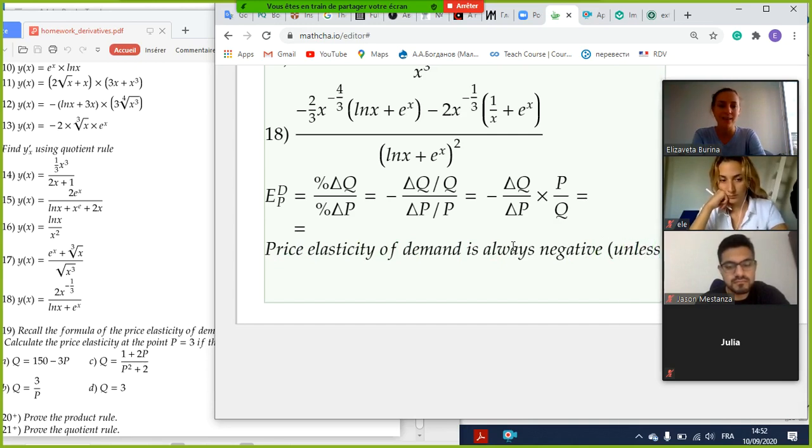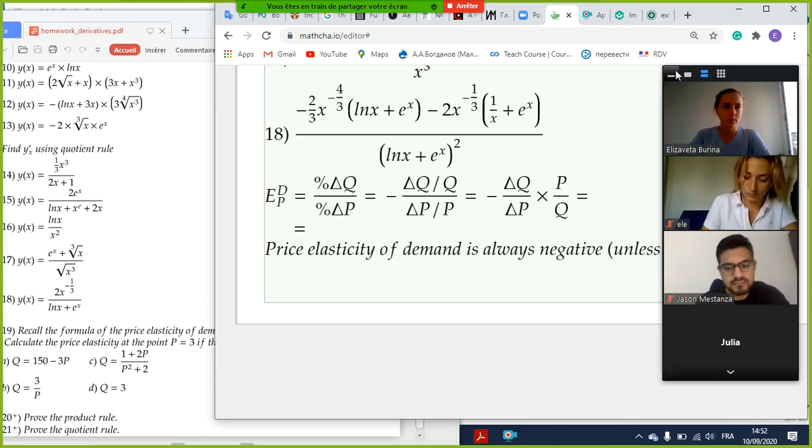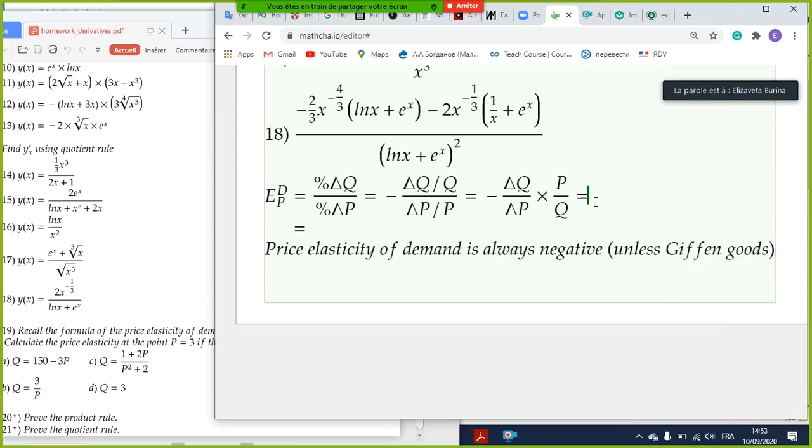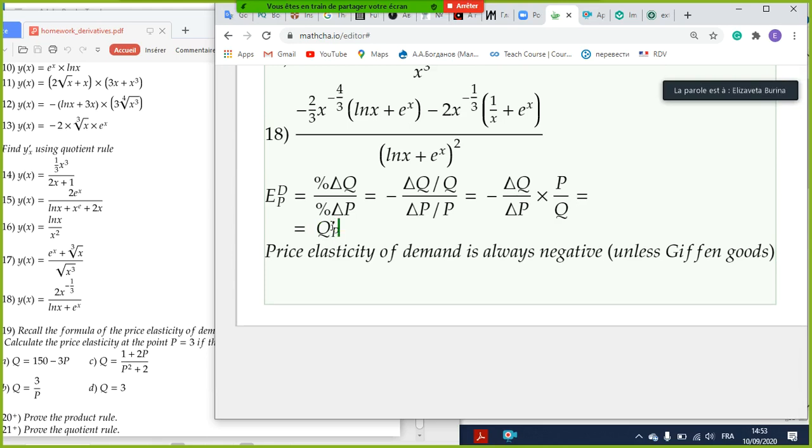Well, I'm gonna write unless we have given goods, but we don't right now. Perfect. So this will be the derivative of Q with respect to P. So it is not the other way around. It is a derivative of quantity with respect to price.